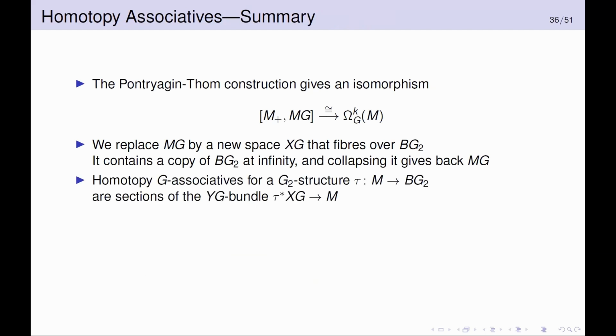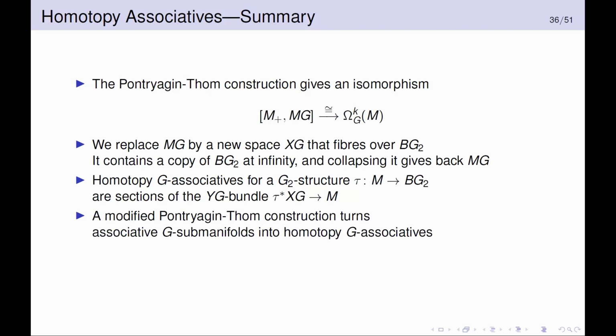Homotopy associatives are now maps to the space XG, but if you think geometrically, it's actually sections of a YG bundle tau star XG over M. So for the non-homotopy theorists, we also have a geometric explanation.